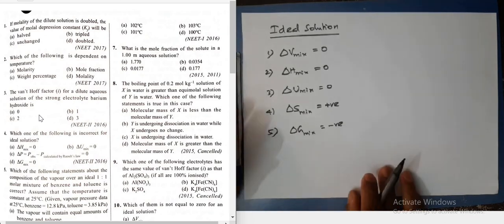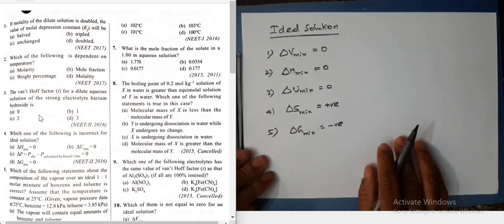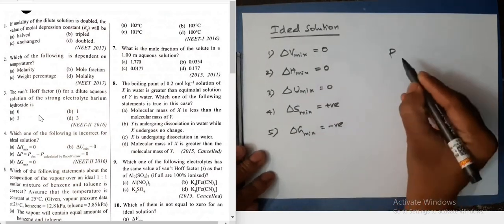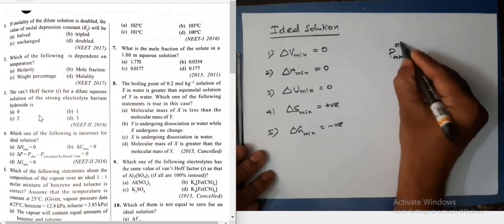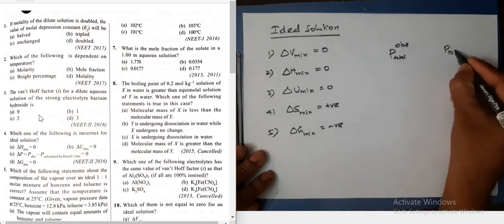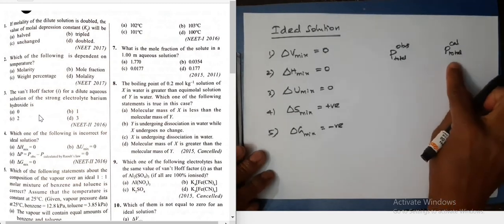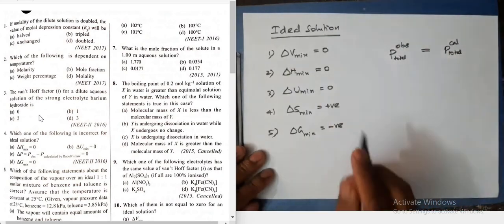Should be negative. And I have also told you for ideal solution, the experimental total pressure, which is measured through experiment, or observed total pressure, and the total pressure calculated from Raoult's law, these two are actually equal in the case of ideal solution.